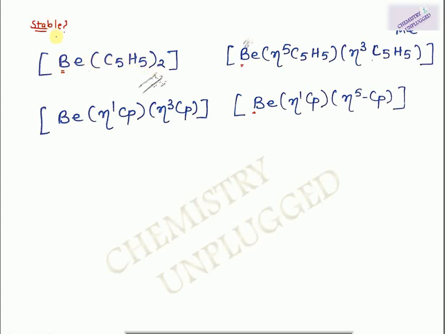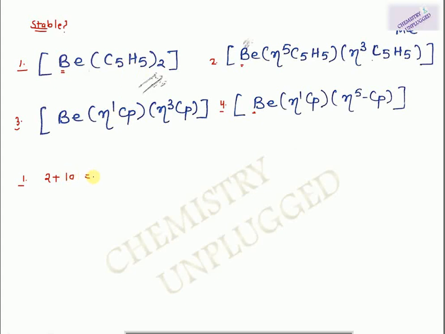Now we will try to calculate the number of electrons in each complex. In the first we have beryllium. If you count the electrons in the outer shell of beryllium, it is 2. And Cp with 5 hapticity, so we will consider 5, and the total will be 10.